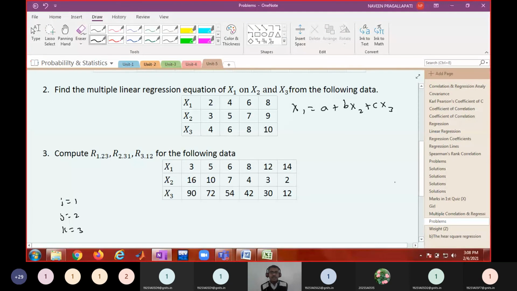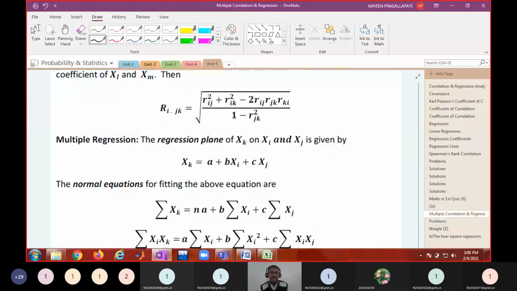So one case 1 2 3, in another case 2 3 1, in another case 3 1 2. By putting i equal to 1, j equal to 2, k equal to 3 you get one formula. By putting i equal to 2, j equal to 3, k equal to 1, you get another formula. By putting i equal to 3, j equal to 1 and k equal to 2, you get one more formula. All three formulas contain these coefficients between the data only. Simply substitute and you get the value.